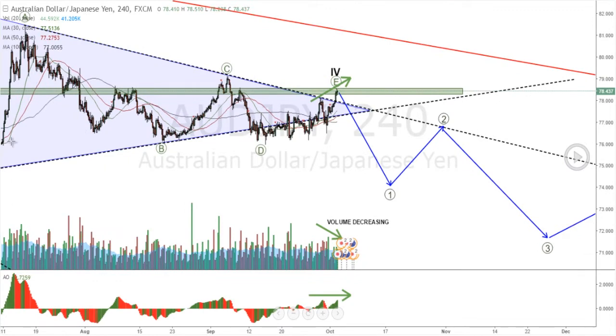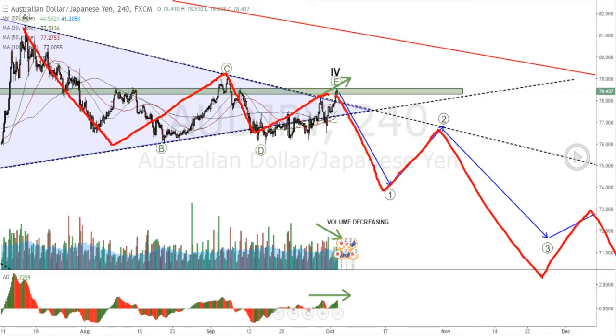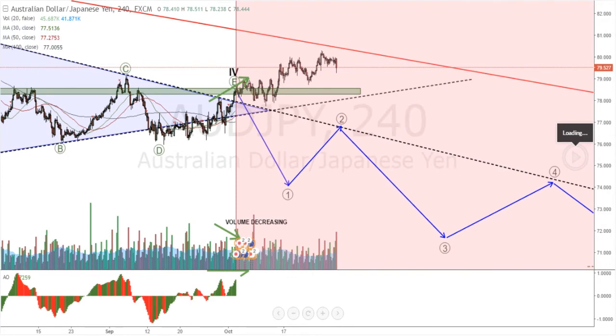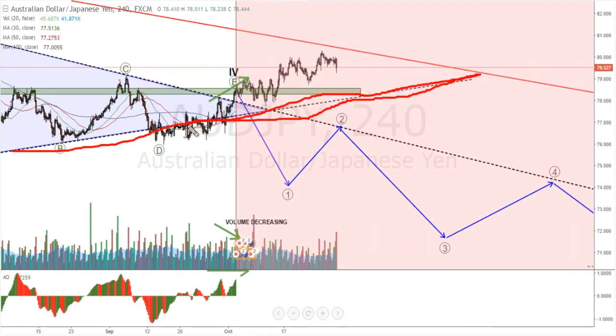Another one, I had this what I was looking at as being a triangle, A, B, C, D, E, and then looking for the 5-wave move down. And what happened, it didn't trigger my entry yet. So what I usually do is I have my line here, and sometimes I write wait for the break.